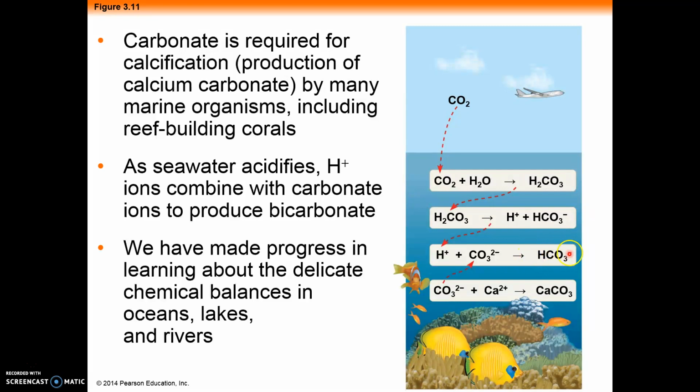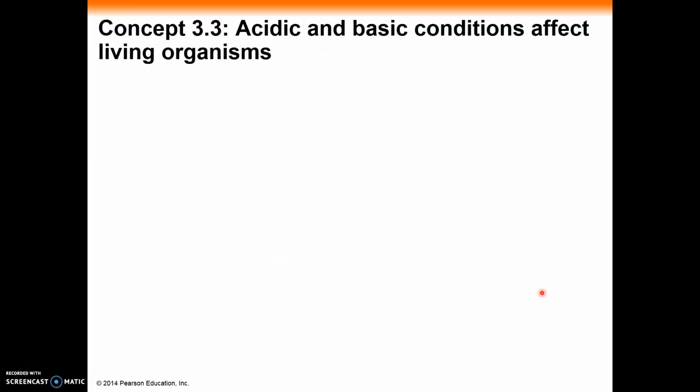This is a preferred reaction to the calcium carbonate one. So as we acidify the oceans more and more, we actually prevent this process from forming, and that is going to have a long-term effect on the oceans.